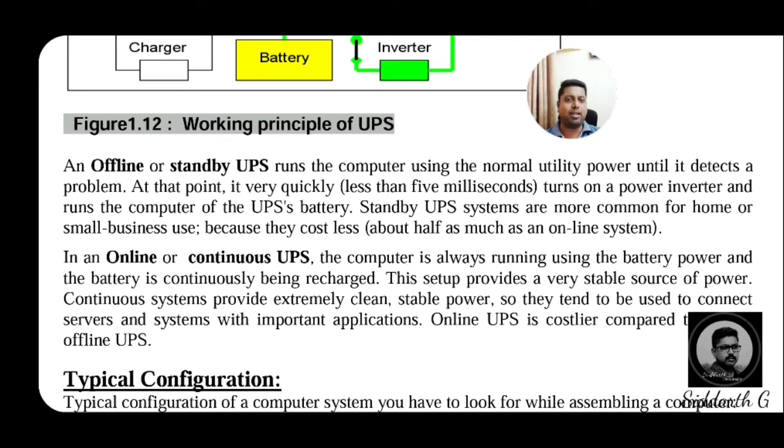A standby UPS runs the computer using normal utility power until it detects a problem. At that point, very quickly, in less than 5 milliseconds, it turns on the power inverter and runs the computer on the UPS battery. Standby UPS systems are more common for home and small business use, because the cost is also less, about half as much as online systems.